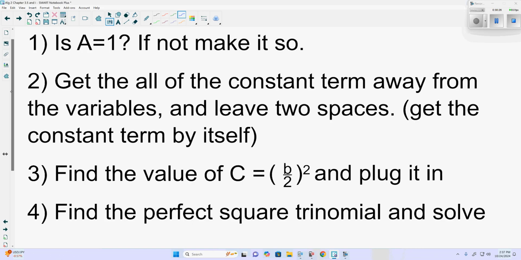Get the variables by themselves and leave spaces to find C, or to plug C in. Our third step is to find the value of C, which is indeed equal to b over 2 squared. We find that and plug it in. And defining our perfect square trinomial really is just factoring the thing. We want to factor it. And then solve from there.